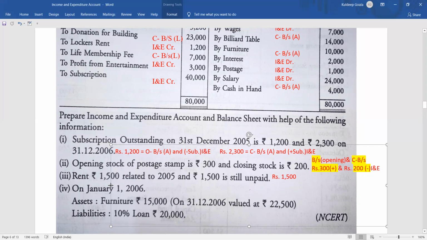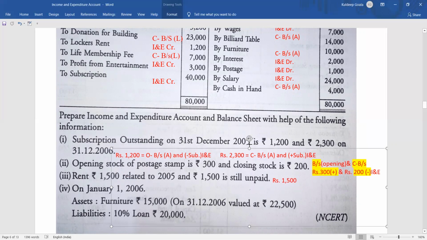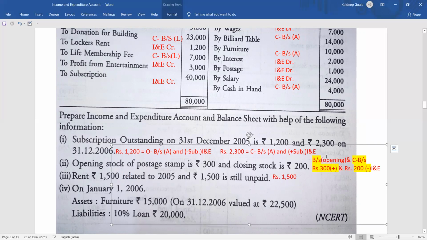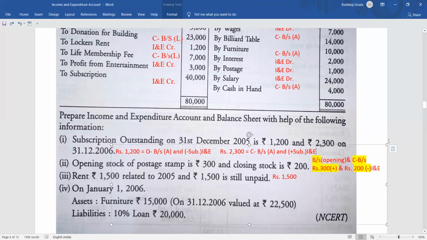Now coming to the next one. Yeah. So now moving to the next part, that is this rupees 1500 relating to 2005.